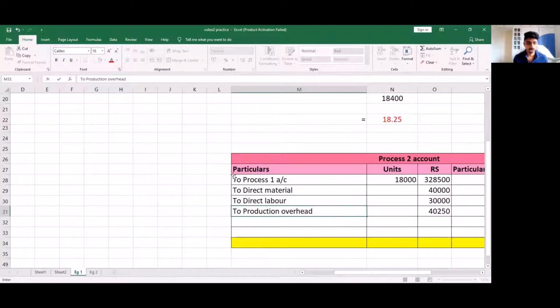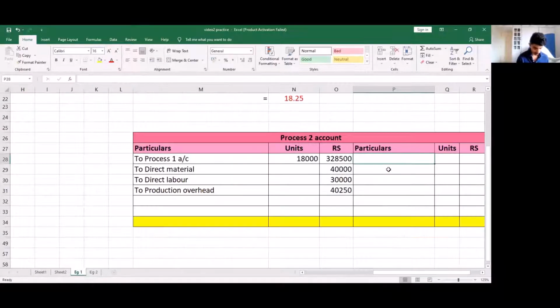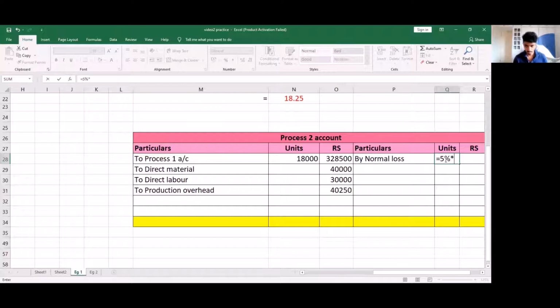Okay. So now again, coming back to normal loss. Our normal loss this time says 5%. So it's 5% of what? 20,000 or 18,000? It's going to be 5% of 18,000. 5% of 18,000 is 900.